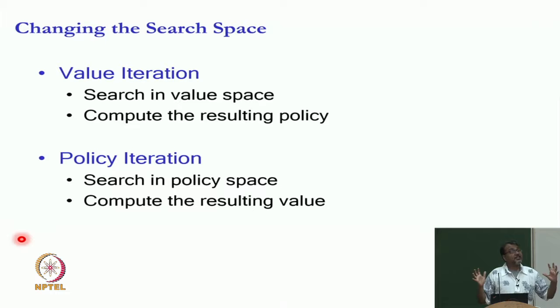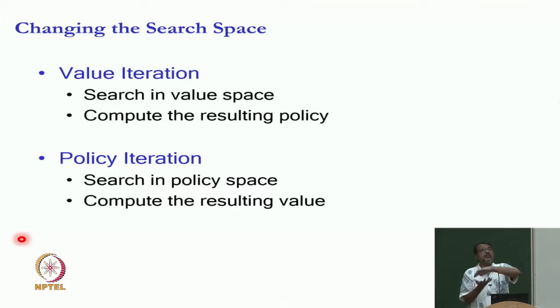See, the value function space is an uncountably infinite space. But how many policies do we have in our domain? We have a finite number of policies. So, we are trying to get to a policy which is one of the many finite policies, but we are moving in the uncountably infinite space.